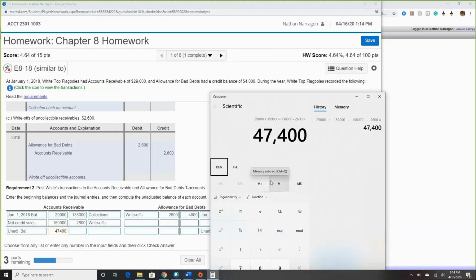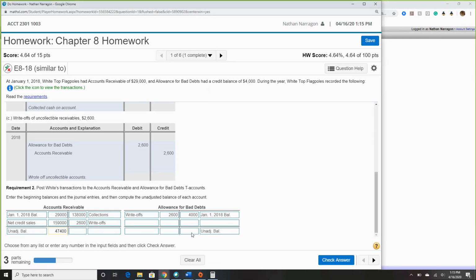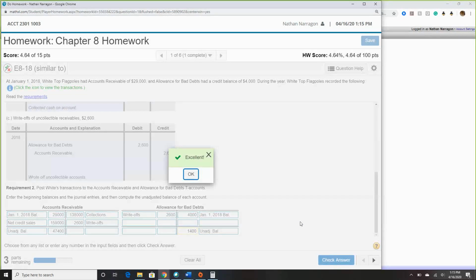So again, allowance for bad debt is a natural credit, so credits are positives. All debits will bring it down. So we have 1,400 for our allowance for bad debts. Check. We're good to go.